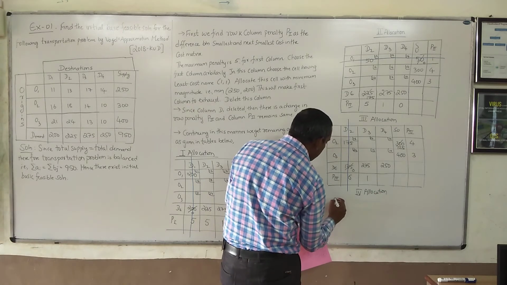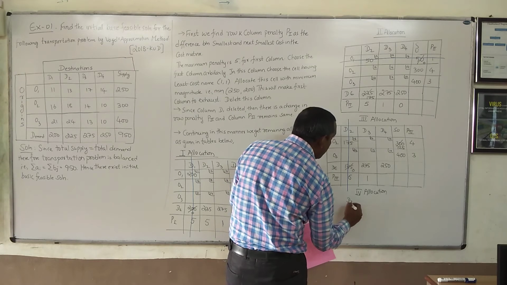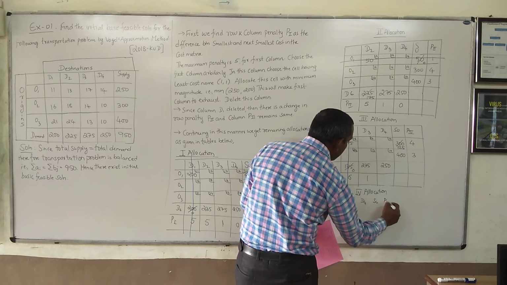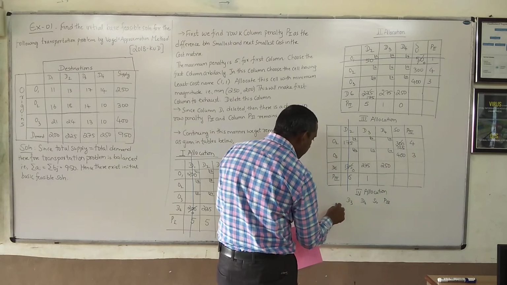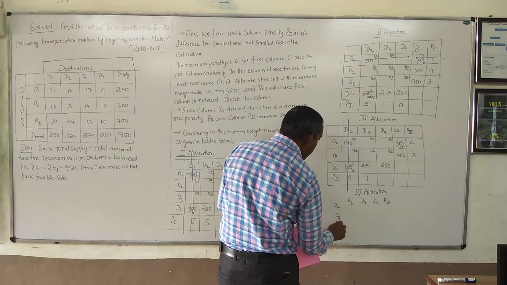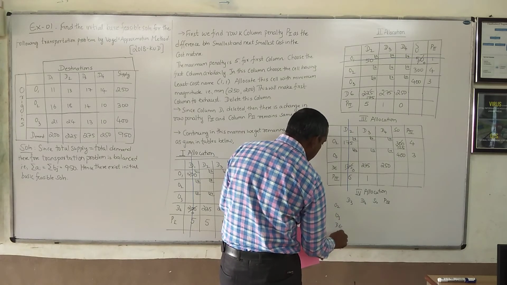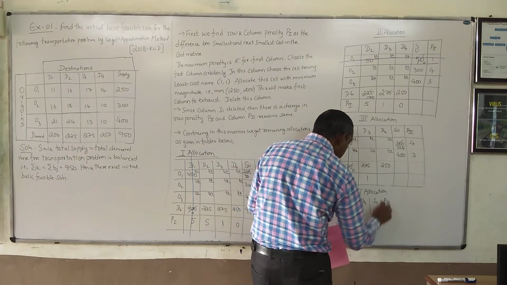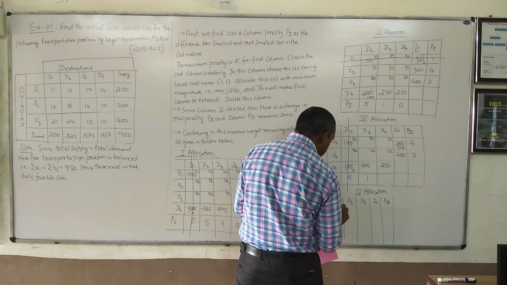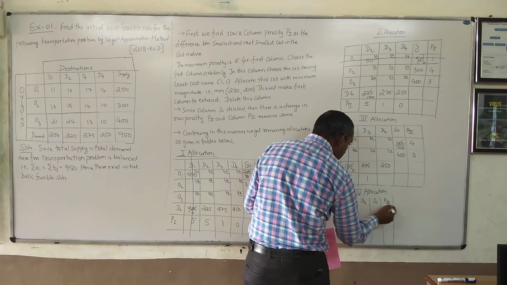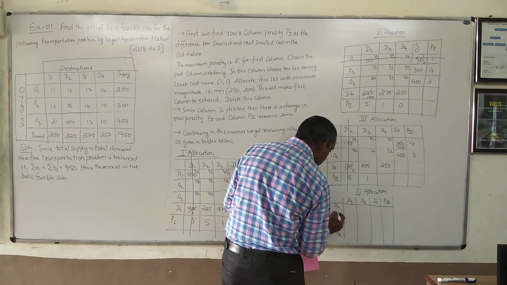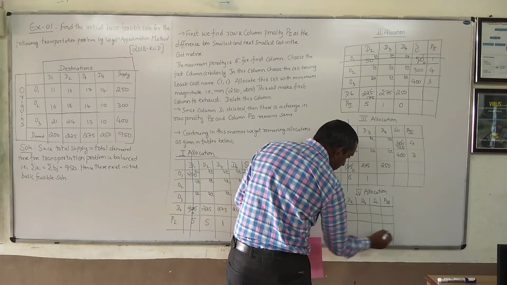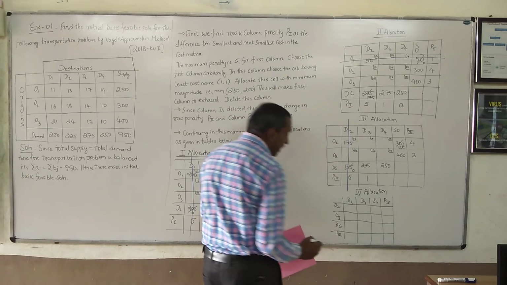So now it is D3, D4 supply and P4, and it is O2, O3 demand, P4. Fine. So kindly draw the tables very neat.